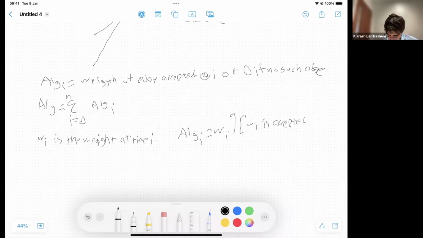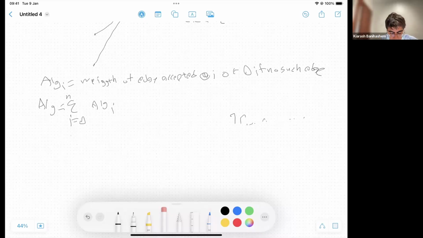Actually, sorry, this is a bit misleading, let me erase this. Because multiple edges are arriving, I can't quite assign that weight to time I, but by algorithm I mean the weight of the edge accepted at time I, if such an edge exists. Now, what is the algorithm? I forgot to mention the algorithm.